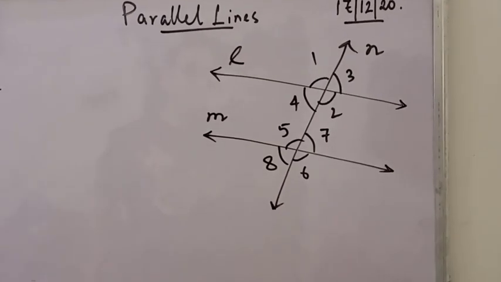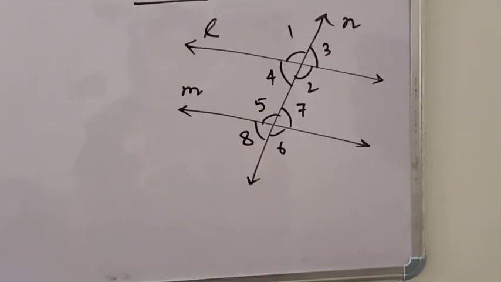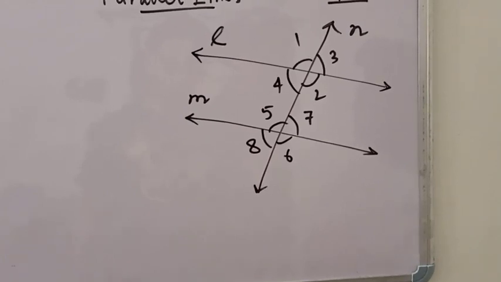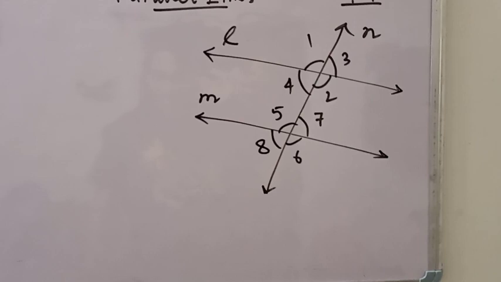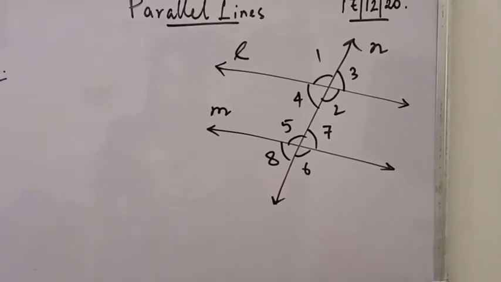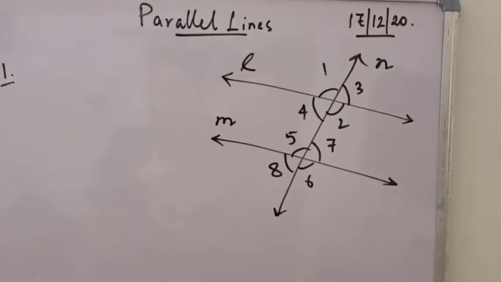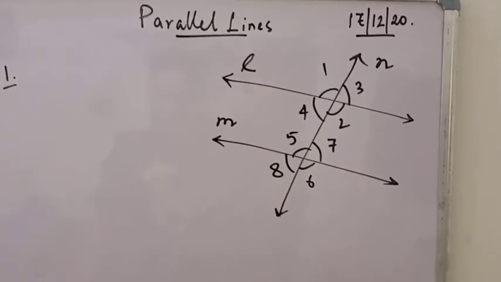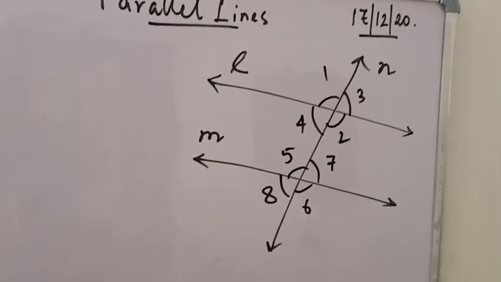See that in the given figure, L and M are two lines and N is the transversal of the lines. Now you have to write whether the angles are alternate, corresponding or co-interior. Some angles are given, angle 4 and 7.